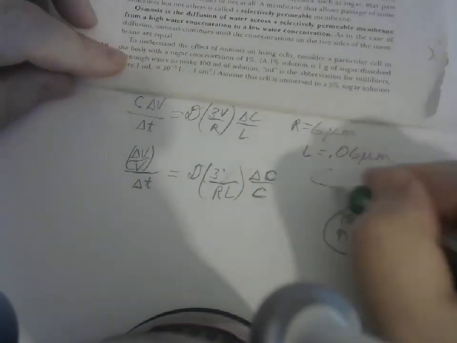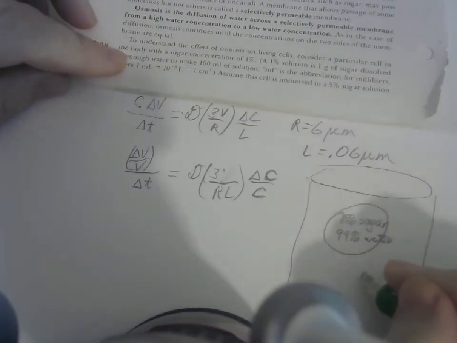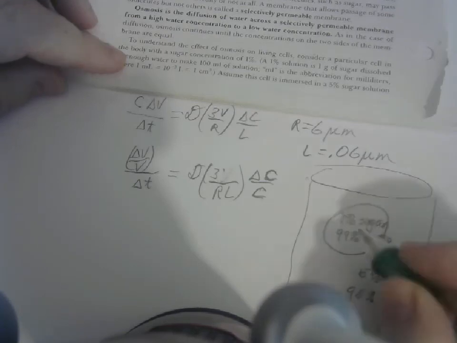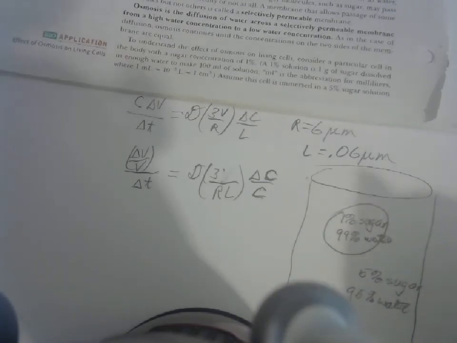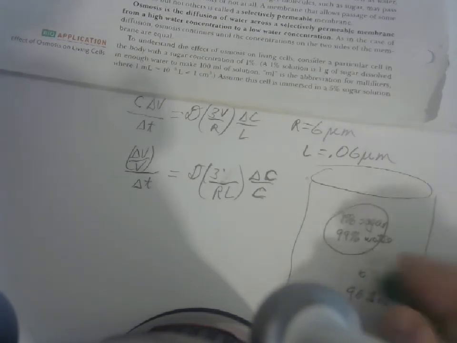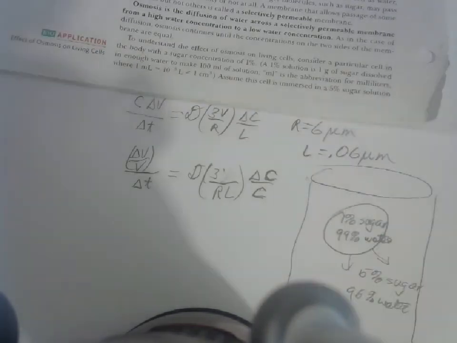And then it's placed in a concentration of 5% sugar and 95% water. Now, the cell wall doesn't let sugar pass through, but water does. So what happens is the water comes out and the cell shrinks.